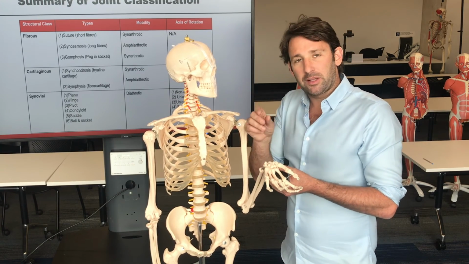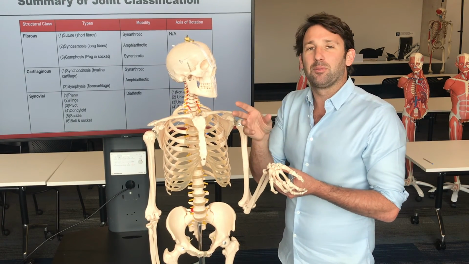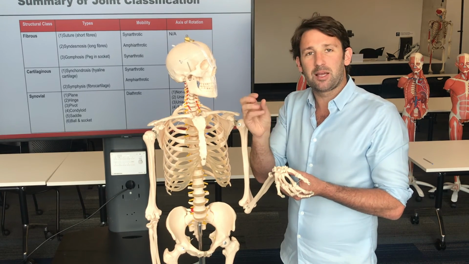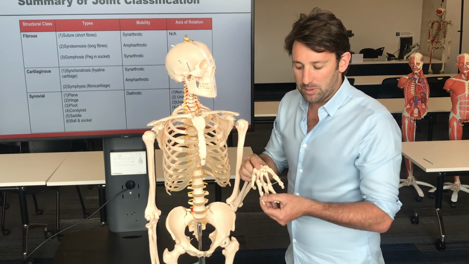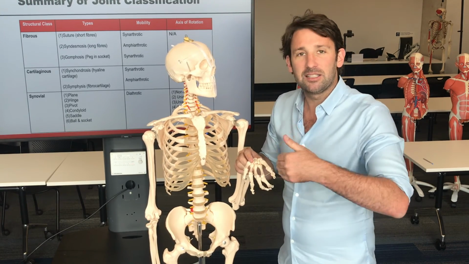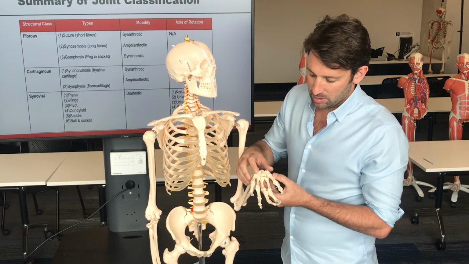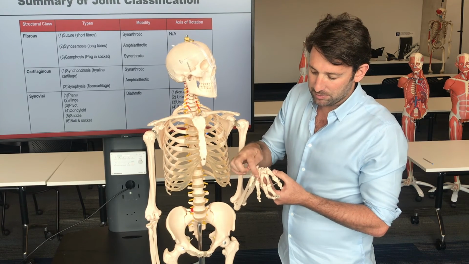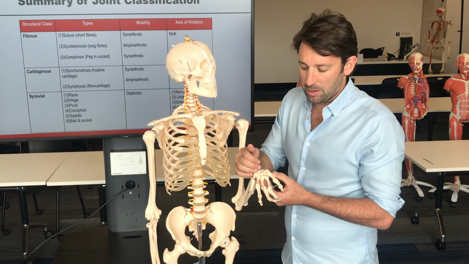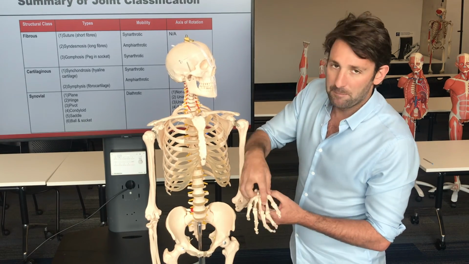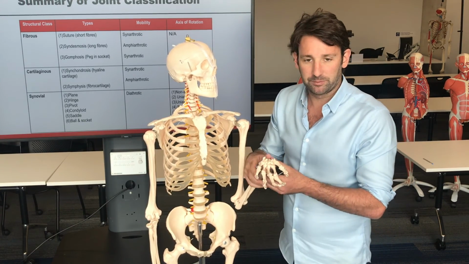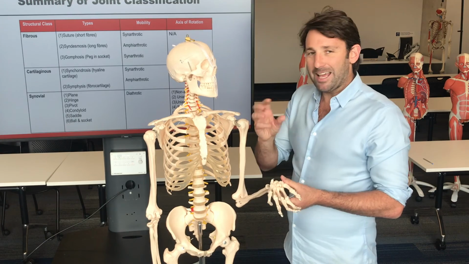Between a carpal and another carpal, we just call that intercarpal. So sometimes when you've got two bones of the same name, you just put the word inter. Another example is phalange to phalange, interphalangeal joint. Carpals to metacarpals, carpometacarpal joint. Metacarpals to phalanges, metacarpophalangeal joint, and so on. So the names often go together.